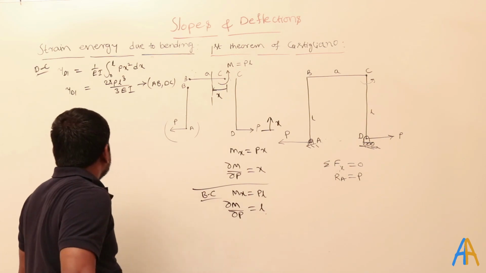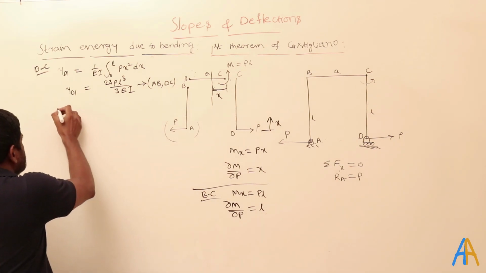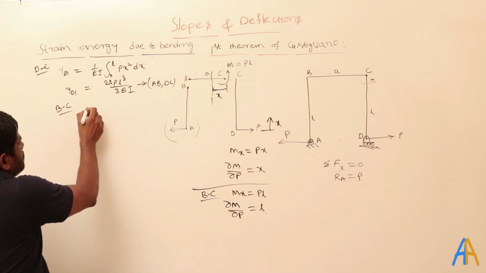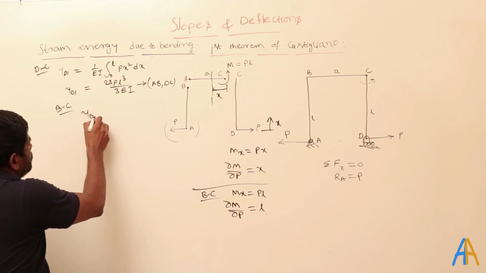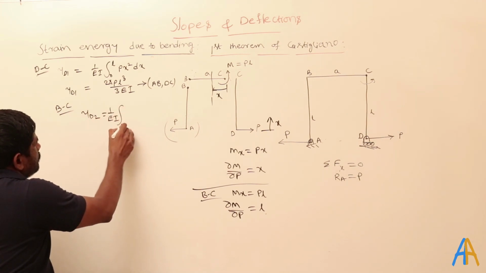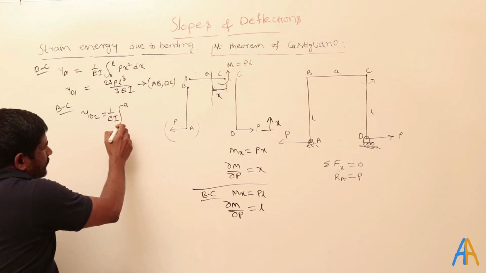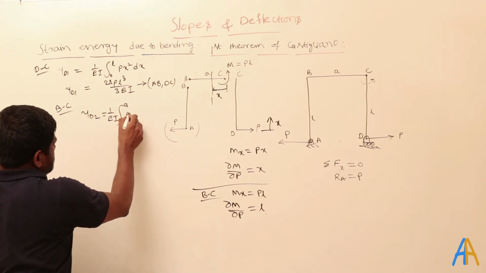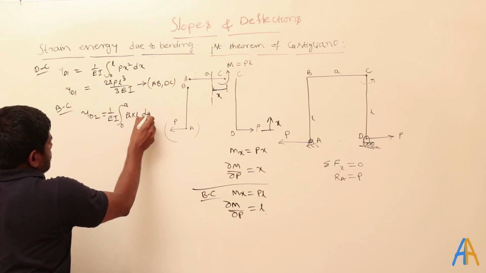So for BC, if I substitute, Y_D2 equals 1/EI integral 0 to a, Mx is PL into L dx.